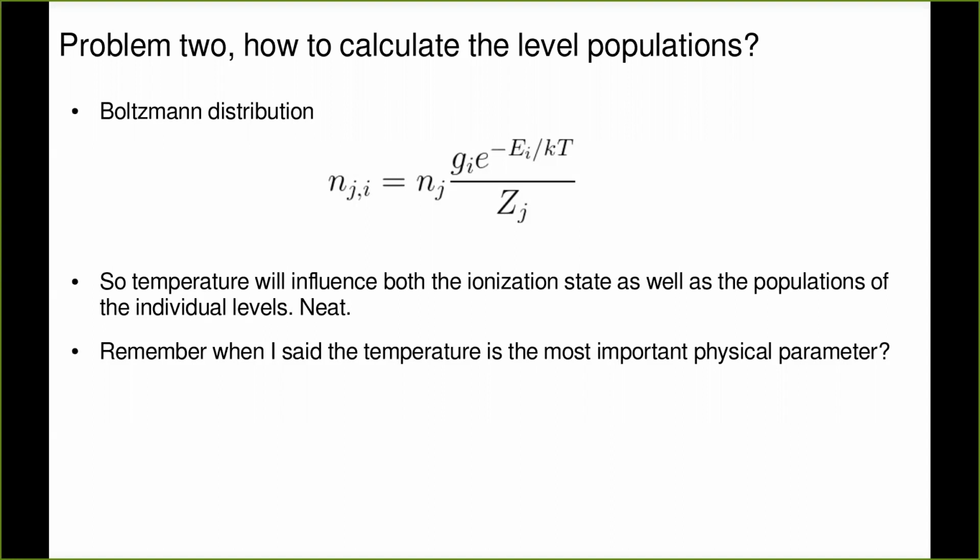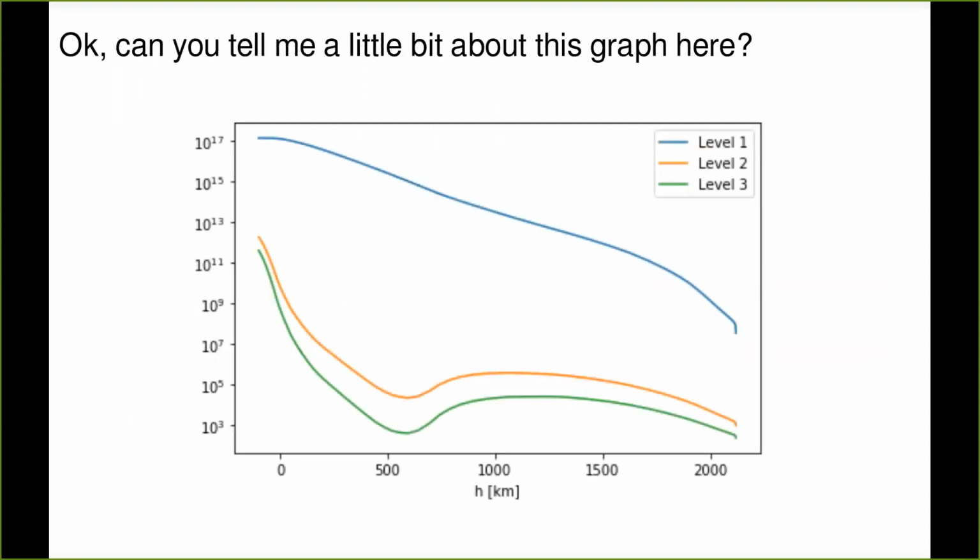Okay, cool. So now I can plot the level populations. This is now the number of neutral hydrogen atoms in the first, second, and third excitation state with height. First of all, we see that level 1 is much more populated than levels 2 and 3.